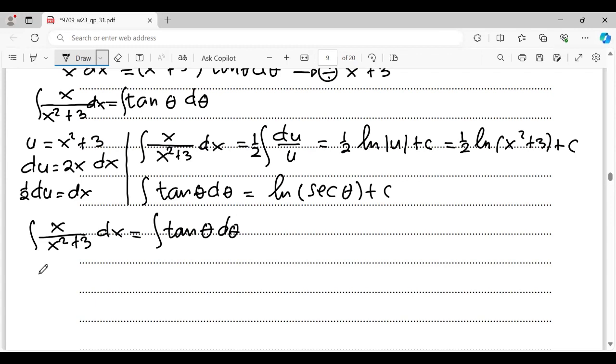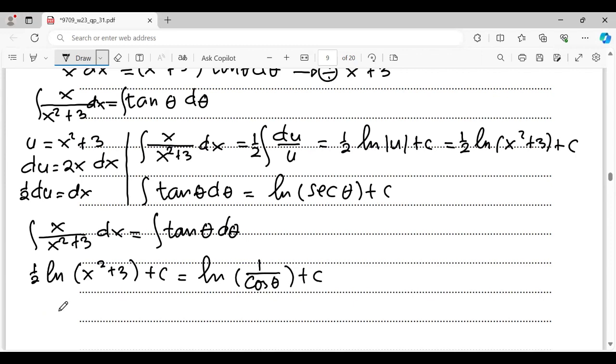We can write things like this: half ln of x squared plus 3 plus c equals ln, I'm going to change this, it becomes 1 over cosine theta plus c, already double c.